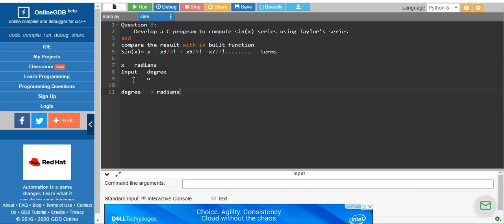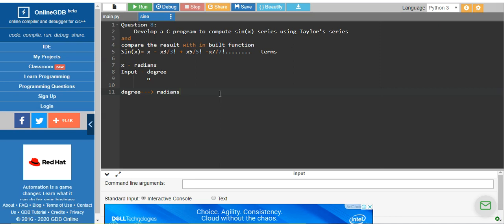I think all of you remember how to convert degrees into radians. The pi value will be 3.14. You can directly give the value as 3.14 and divide it by 180.